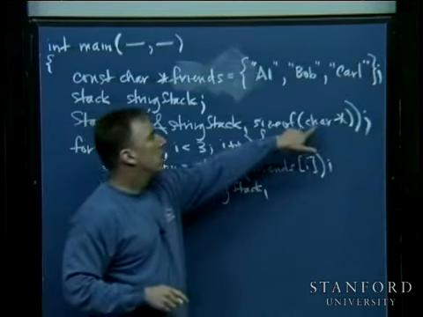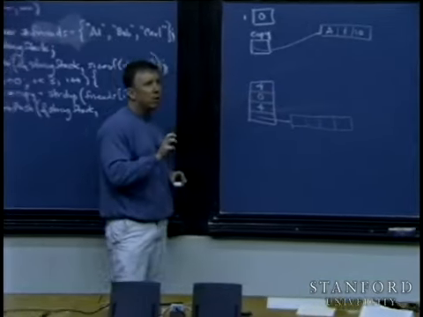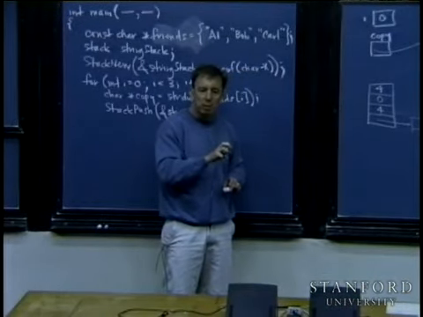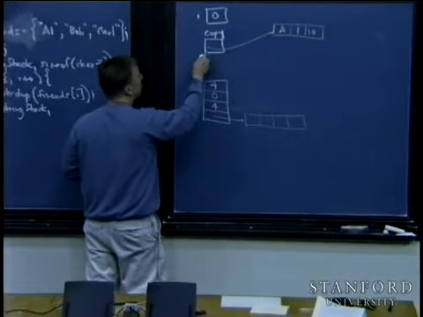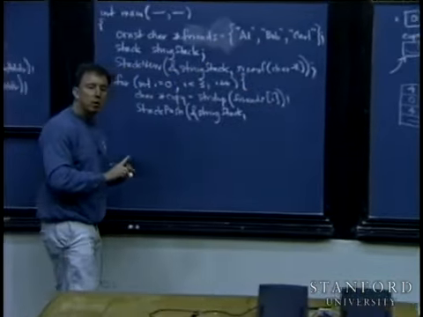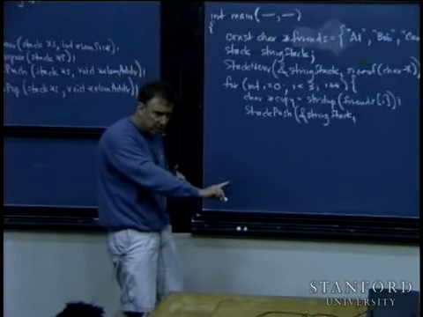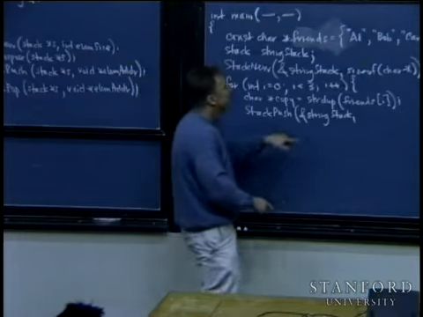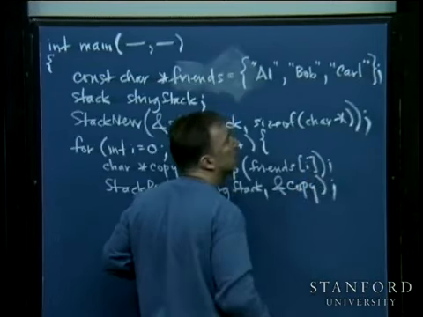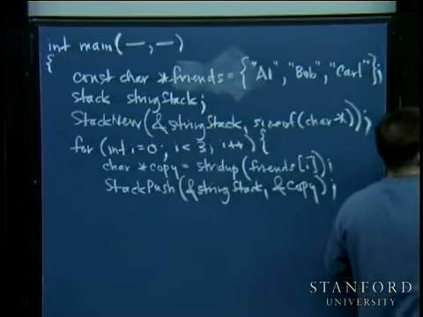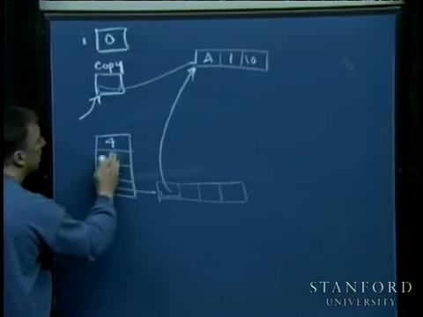Since I am storing char stars, even though the stack doesn't know it, it has to hold as material these 4-byte character pointers. That means I have to pass in the address of a char star so it knows to go to that address and copy the four bytes into the stack. Does that make sense to people? Because I'm putting the ampersand here, it knows to go and replicate that material right there so that it points there, and increments this to a 1.